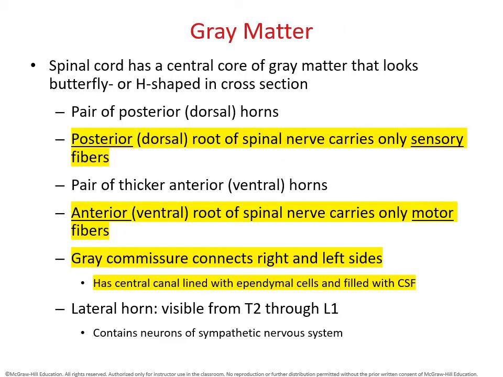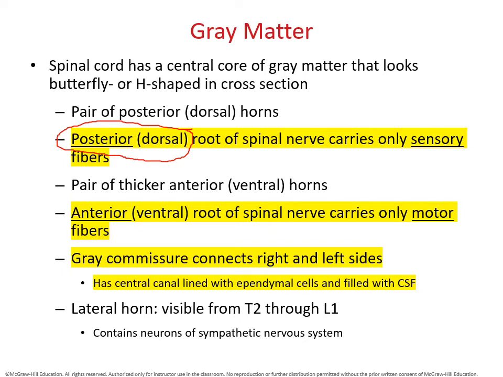So when we're looking at our spinal cord, and if we take a look at the spinal nerves, as I was pointing out in the previous section, you're going to notice that there are some that are labeled posterior and some that are labeled anterior. Now, posterior, we can also call them dorsal, because that means that spinal nerve is going to run more towards facing your backside.